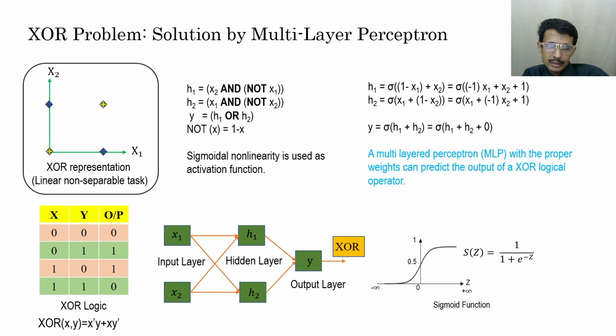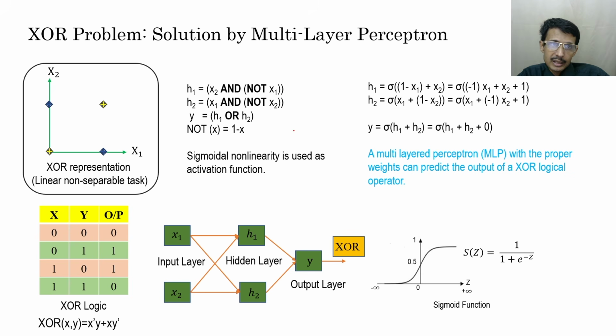Now here we try to understand how a multi-layer perceptron can solve it and why, where the basic strength of the multi-layer perceptron lies. Essentially, through this problem, we understand why a multi-layer perceptron has one or more hidden layers in between the input and output layer of a neural network.